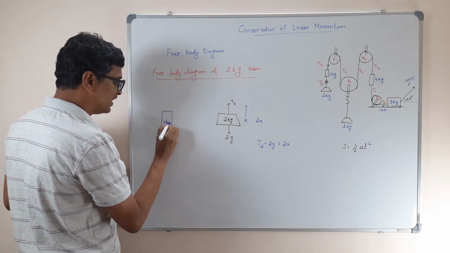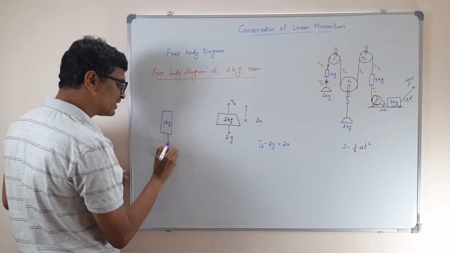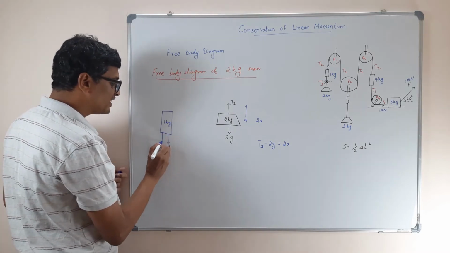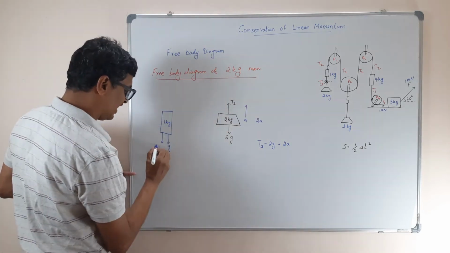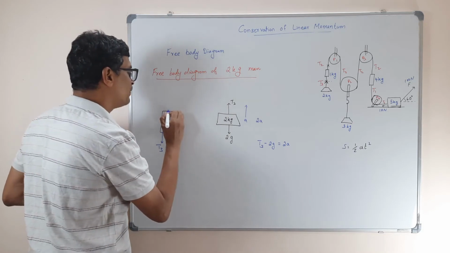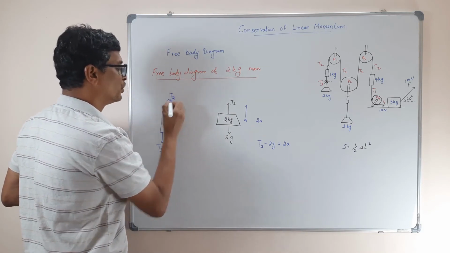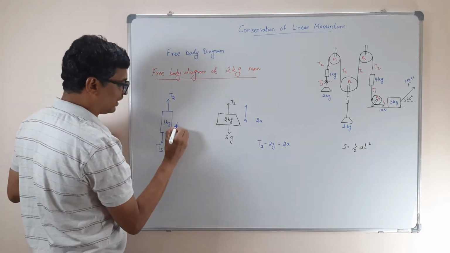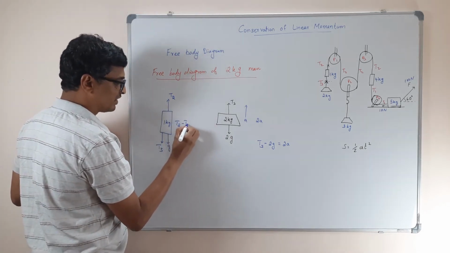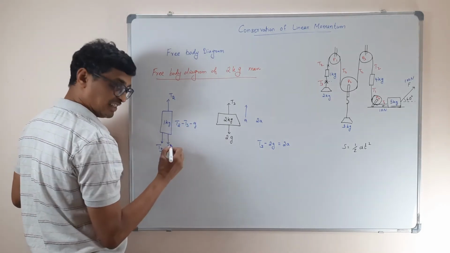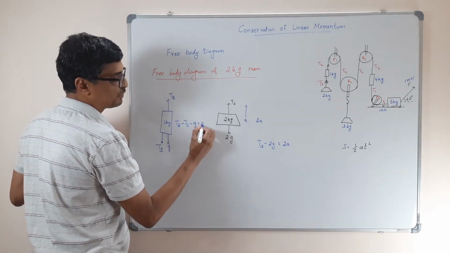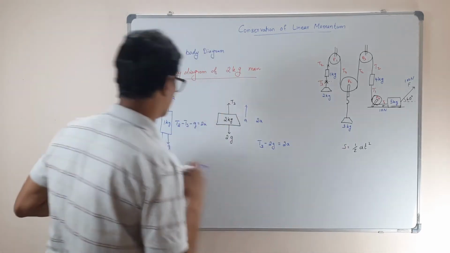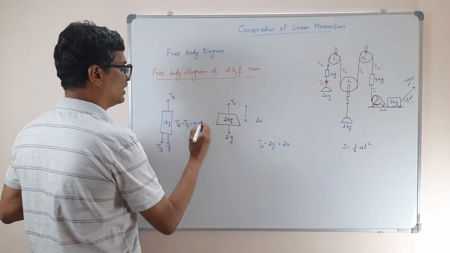The 1 kg will have one force which is G, because 1 into G, and another one is T3, and the upward force will be T2. So this is the free body diagram. Then you can write T2 minus T3 minus 1G equal to 1 times your acceleration A, because the mass is 1 kg.